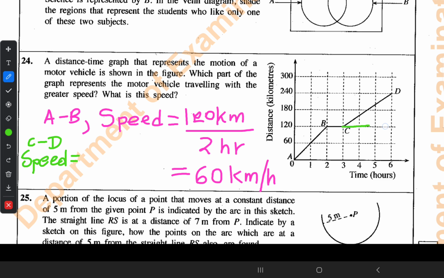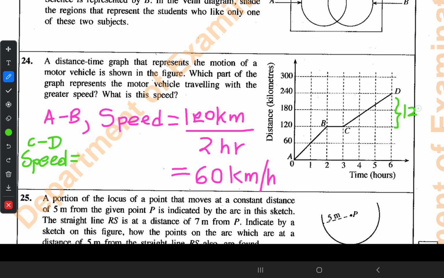Here we cannot think about the total distance it covered, because it has already covered 120 kilometers at the speed of 60 kilometers per hour. So from 120 it reached the level of 240.